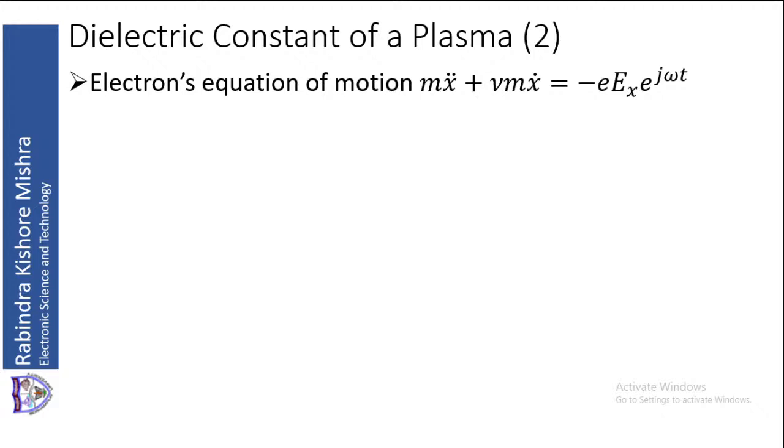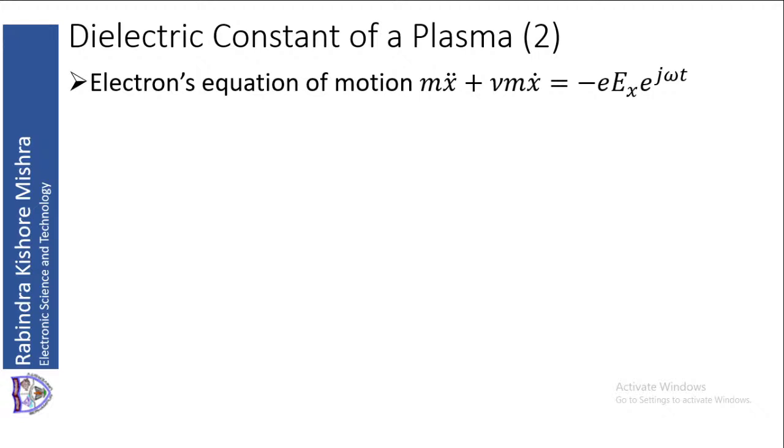Now, as I told you, the plasma region is a gaseous region, a charged gaseous region, and in the charged gaseous region, the electrons will be in random motion.